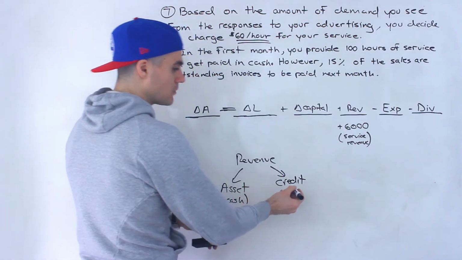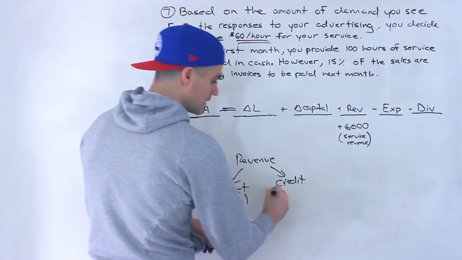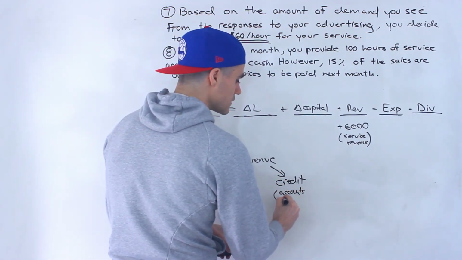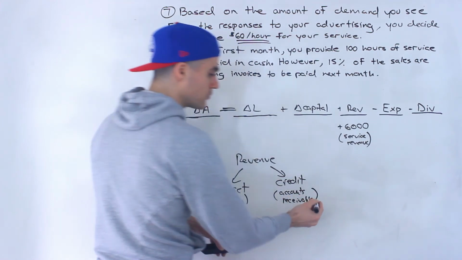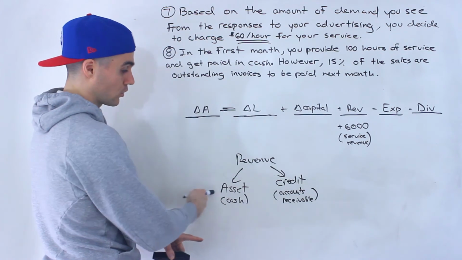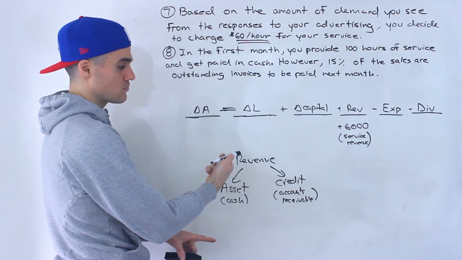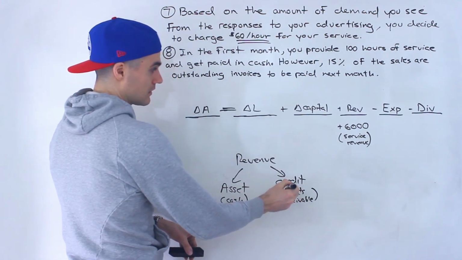And so when someone purchases a good or service from you on credit, that's called an accounts receivable. And so that's when people owe you money or owe you some kind of asset for that service that you provided. And that's a type of asset here.